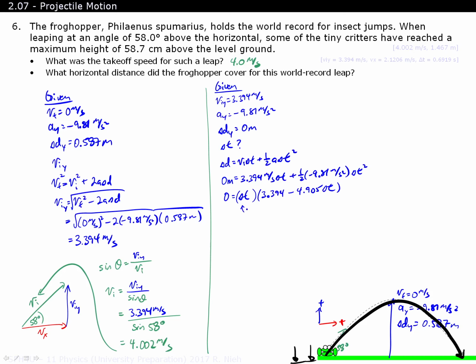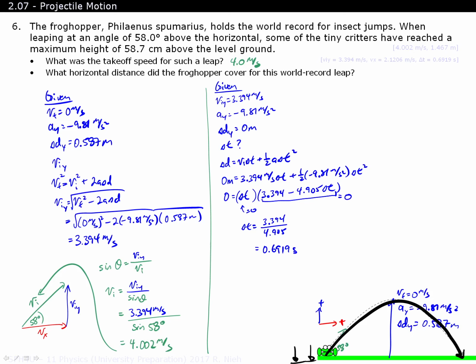All right, so one of the t's is equal to 0, and the second one is delta t equal to 3.394 divided by 4.905. Keeping in mind what we're trying to do is take the term inside and equate it to 0. So once you equate it to 0 and rearrange for time, you find out that the time it remains airborne is 0.6919 seconds.